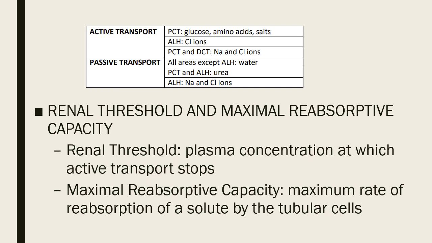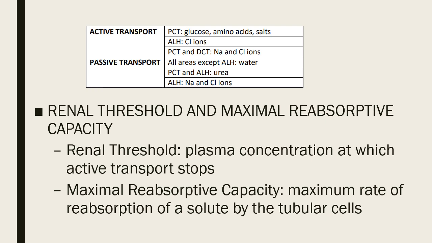The renal threshold and the maximal reabsorptive capacity are related. The renal threshold represents the point at which the maximal reabsorptive capacity is reached for a particular substance. Before reaching the threshold, the kidneys effectively reabsorb substances.